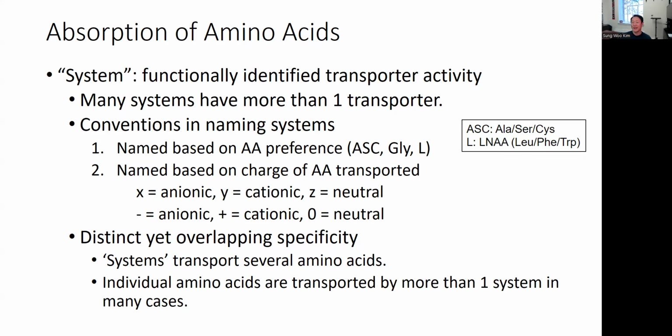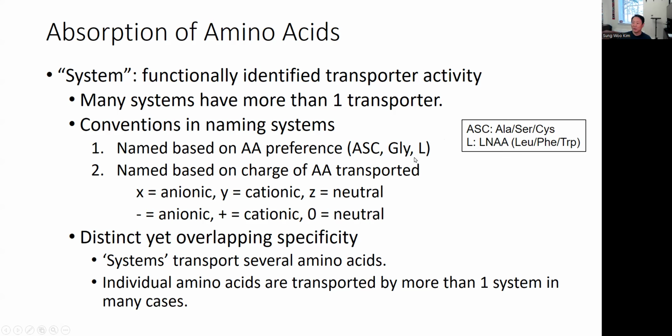How do we name the system? Depending on what amino acids are transported through this protein. The system is a membrane protein, and it is named based on its amino acid preference.